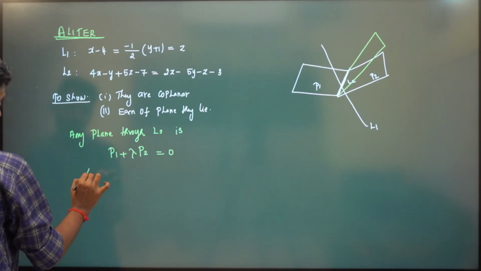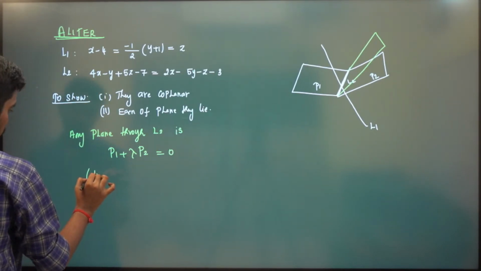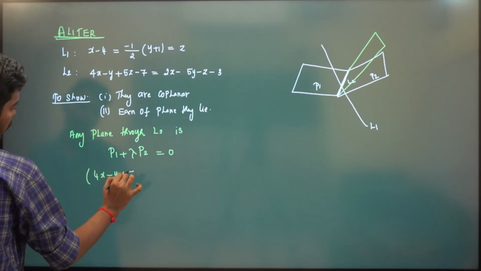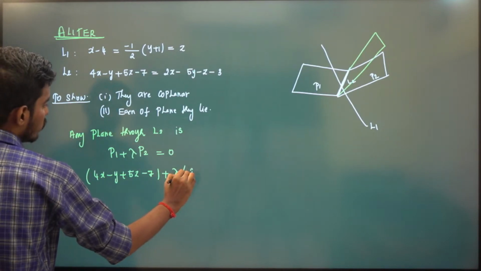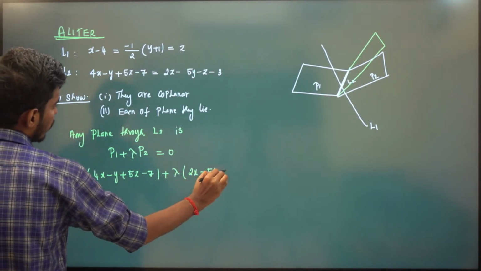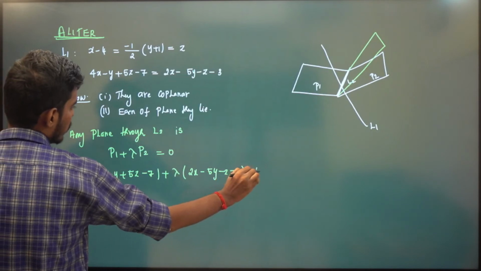So what is P1? It is 4x minus y plus 5z minus 7, plus lambda times P2, 2x minus 5y minus z minus 3, is equal to 0.